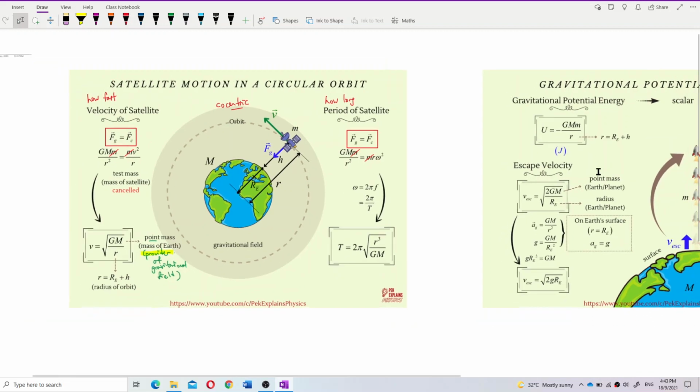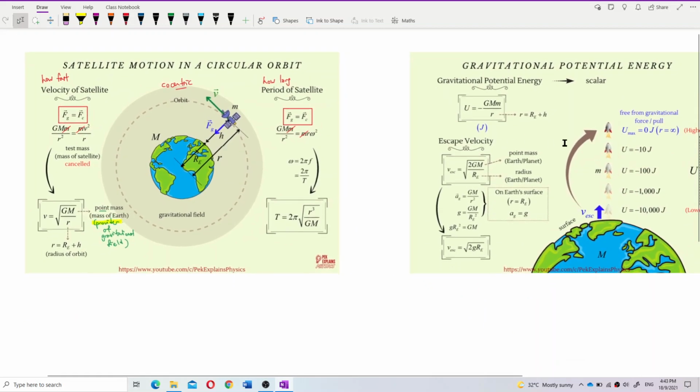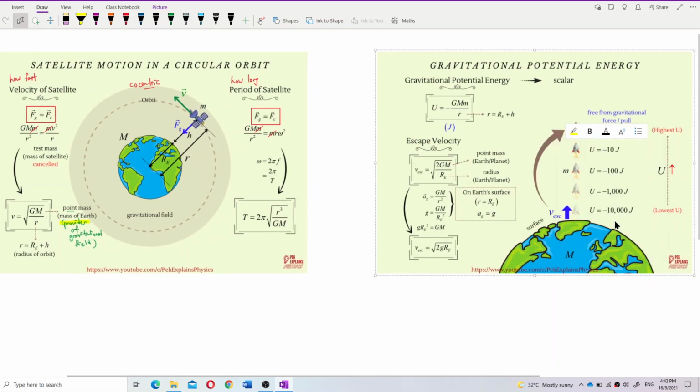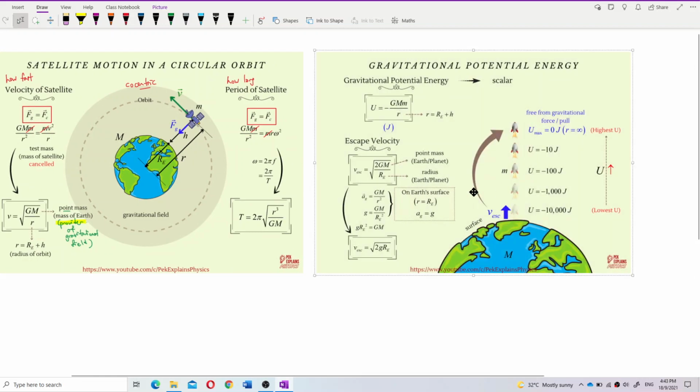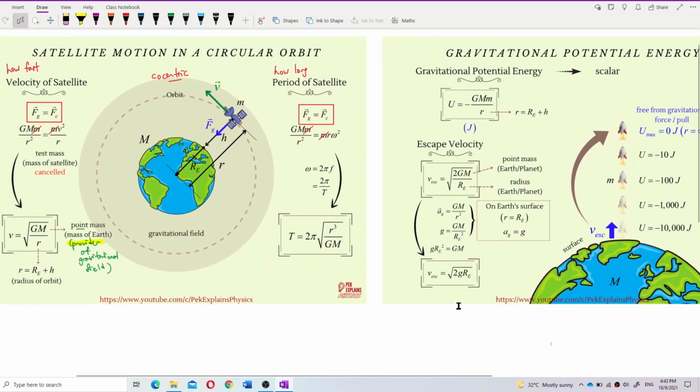Two different meanings. What's the difference between velocity of satellite and the escape velocity? Velocity of satellite is the speed of the satellite to revolve around the Earth. The formula is v equal to square root GM over r.